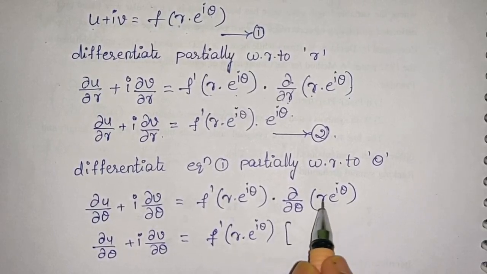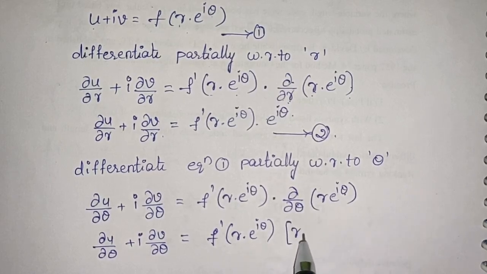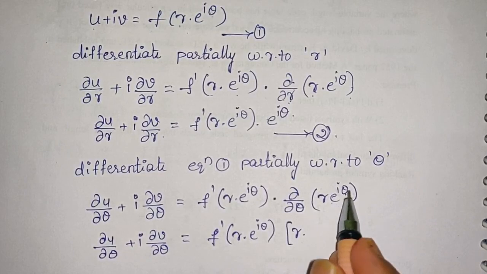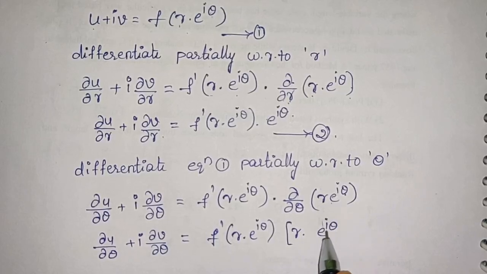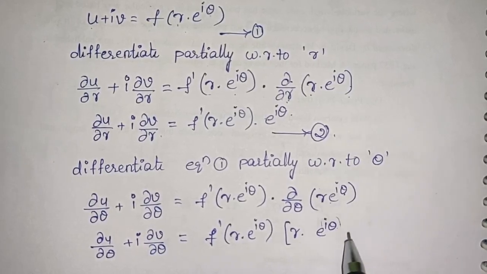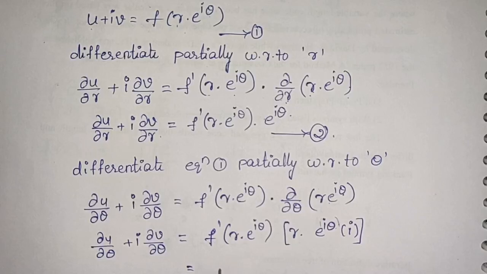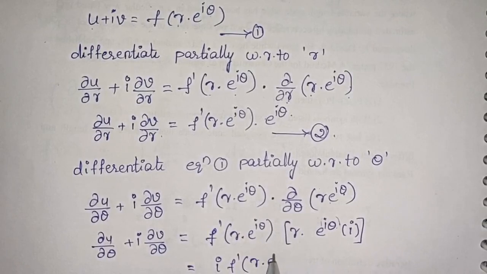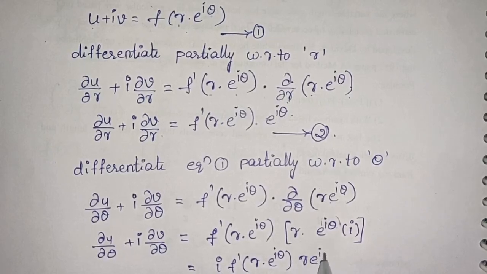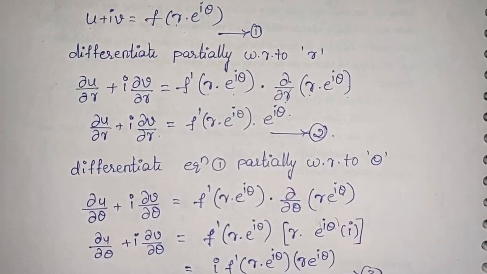Here r is constant, this term will be the variable, so r as it is we are writing, e power i theta, differentiation is e power i theta, but in the place of x we have i theta, so into i. So what will be the final equation? i into f dash of r e power i theta into r e power i theta. Okay, this is the third equation.